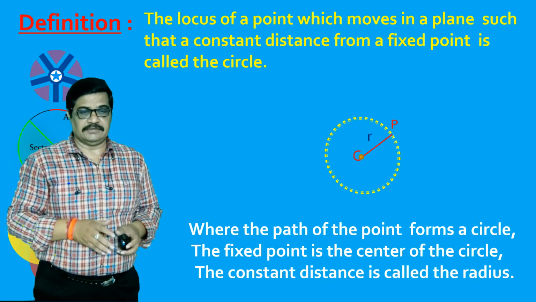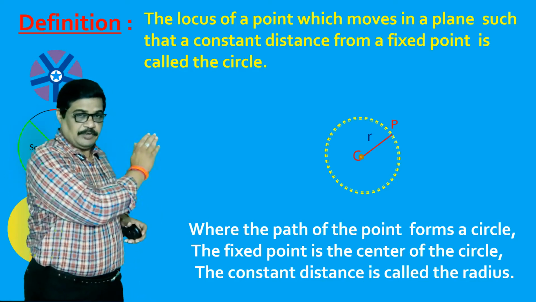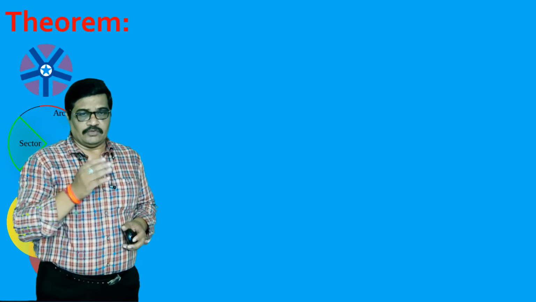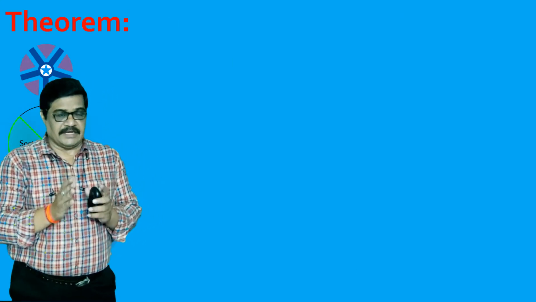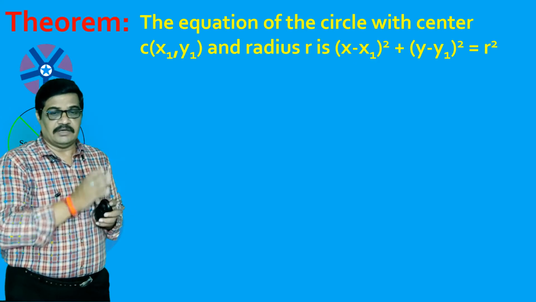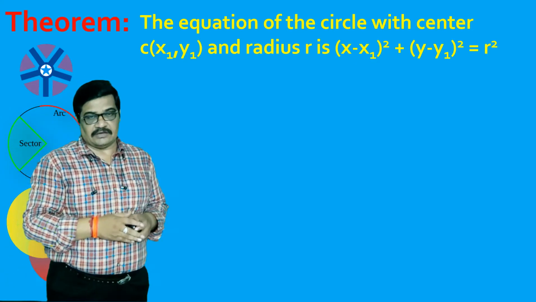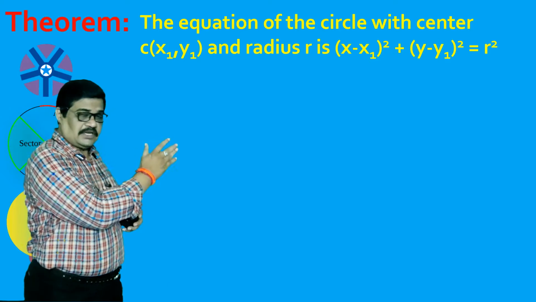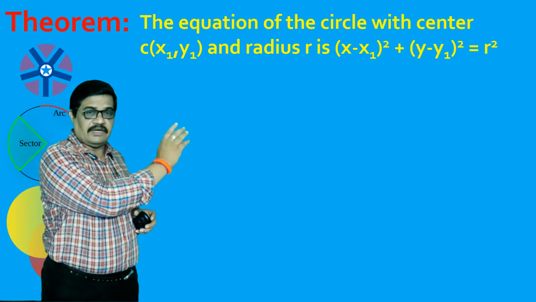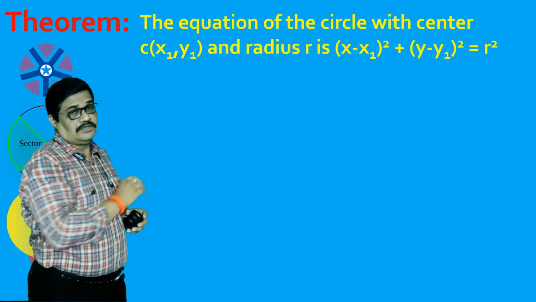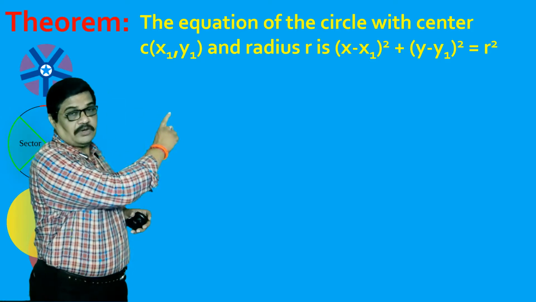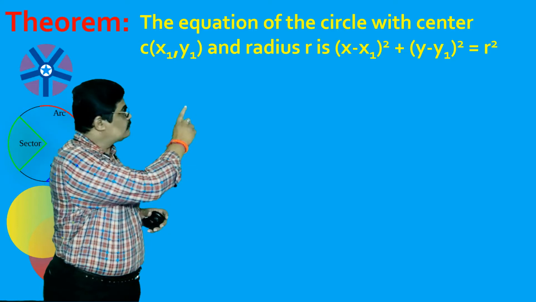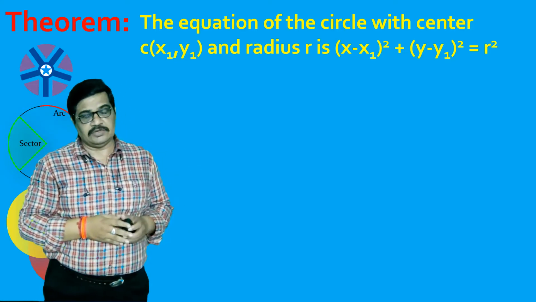Now next, the simple theorem. Here we have to find the equation of the circle if the center (x1, y1) and radius r are given. What is the equation of the circle with center (x1, y1) and radius r? The circle equation is (x minus x1) whole square plus (y minus y1) whole square is equal to r square.